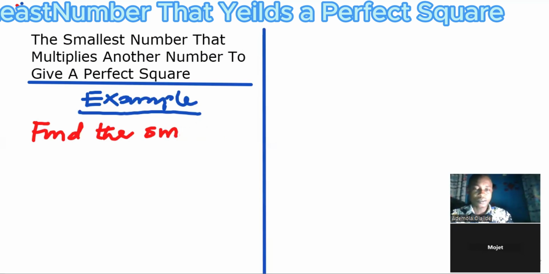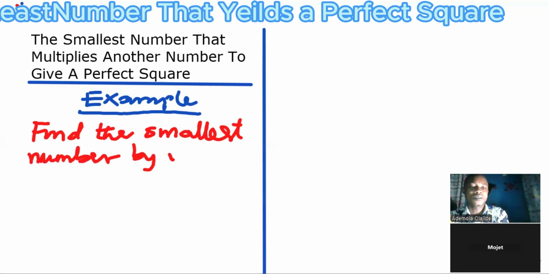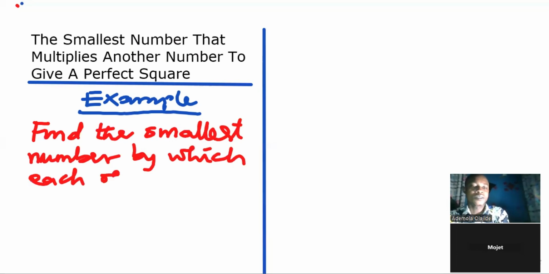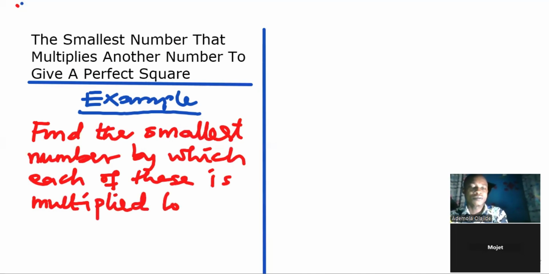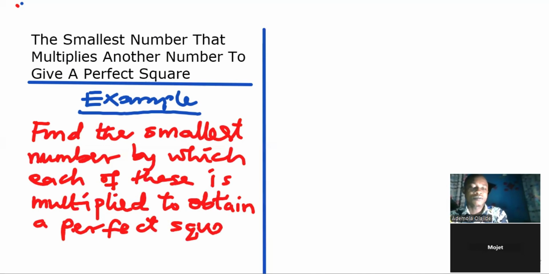Find the smallest number to obtain a perfect square.